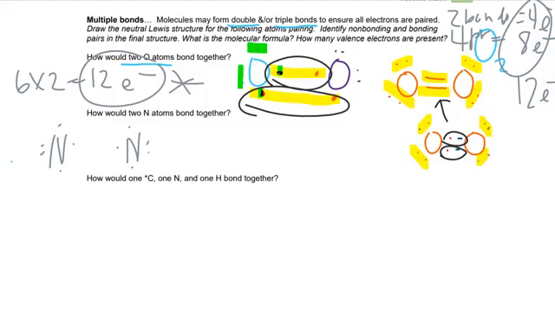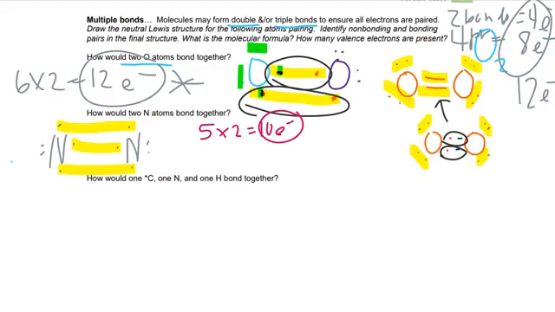And what we'll see is that these two and these two will want to form that triple bond. So if I look at outermost electrons, we know that each N has 5 outermost electrons, and there's 2 N's, so we're going to have 10 electrons to account for.